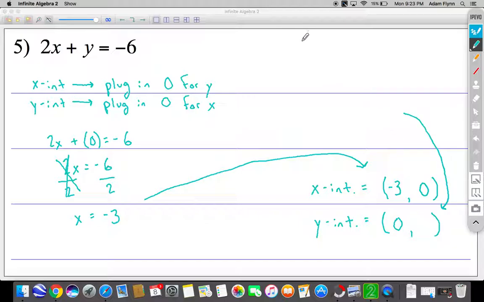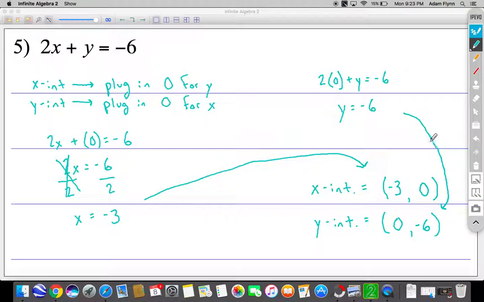Now we can do the y-intercept. So we'll do that by plugging in 0 for x, and it's 2 times 0, it's not 20, plus y equals negative 6. So 2 times 0, gone, cancels, so we're left with y equals negative 6. And because we have no coefficient or number in front of our y, we know that our y-coordinate down here will be negative 6.